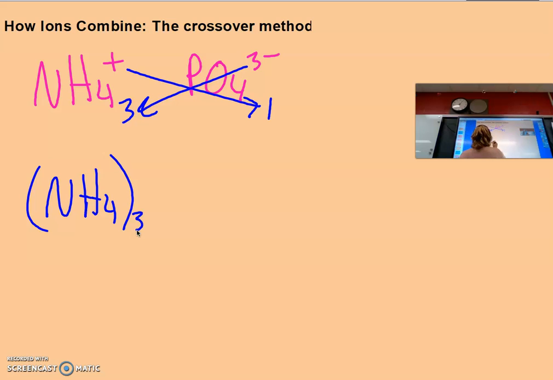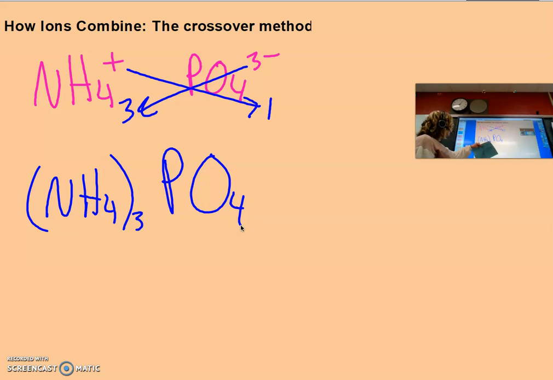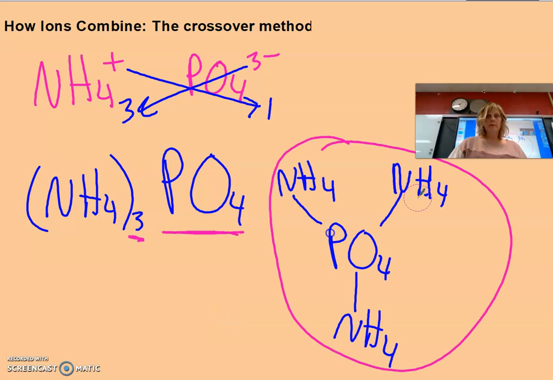So (NH4), I need 3 of those, and then I just need 1 of these. Okay? And again, the reason we put parentheses around this instead of saying N3H12, right, because this 3 gets multiplied by the 1 N and the 3 gets multiplied by the 4 on the hydrogen, is because what it really shows us is that what you actually have here is PO4 with 3 of these NH4s attached.